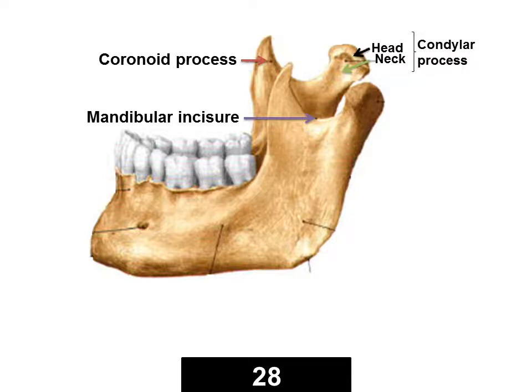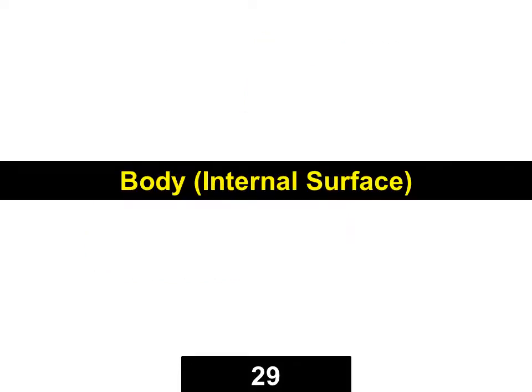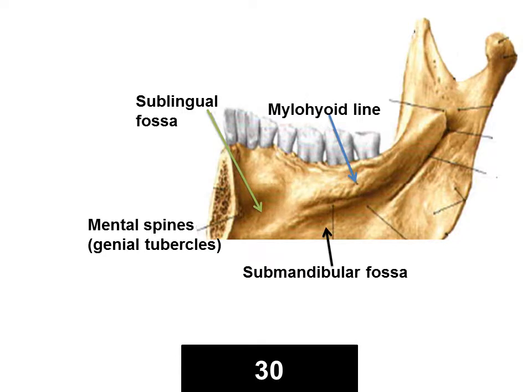هلا نجي على internal surface of the body. Now the inner surface of the body of the mandible, you can see there is an oblique line، بس هنا ما نسميه oblique line ونعطيه اسم mylohyoid line since the mylohyoid muscle is taking origin from that line. وهاي بعدين راح نجيها من نجي للmuscle of the head and neck.